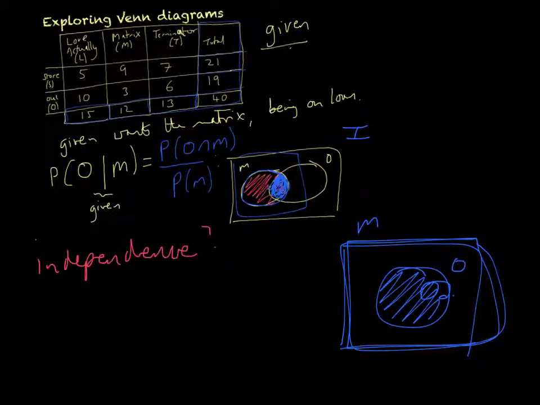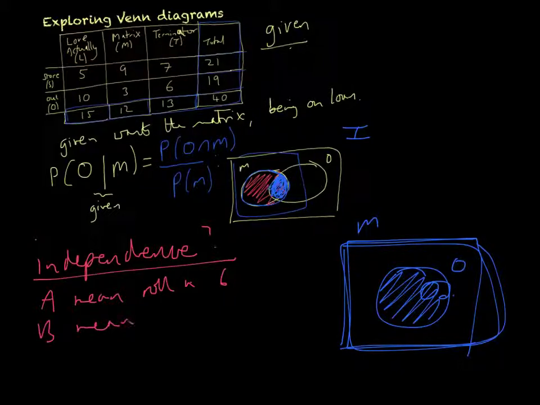So, if something is independent, then it won't matter if the thing I've picked before, the given bit, has happened. So, for example, if I roll, let's say A means roll a 6 on a dice, and let's say B means not a 6 on a dice.